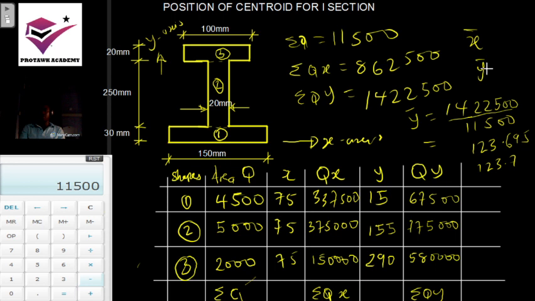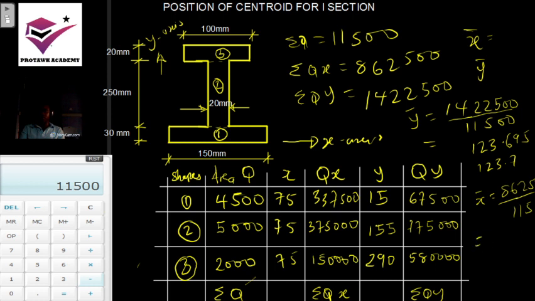Next we find our x bar. Let's use our eraser to erase this side so that we'll have enough working area for our calculation. So our x bar will be equal to what we have here, which is 862,500 over 11,500.